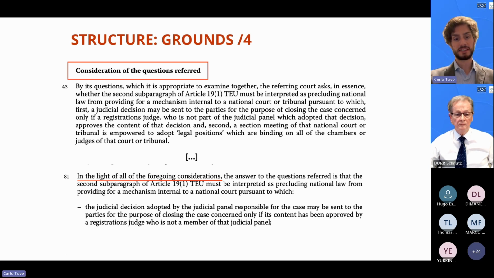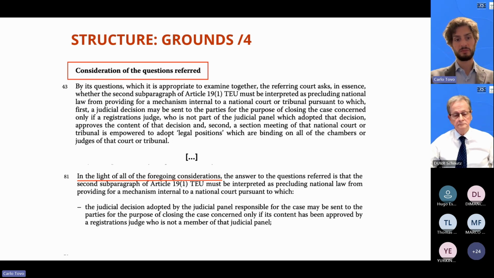The question is presented by the court, then there is a statement of the reasons justifying a certain answer to the question, and then there is the answer in itself, which is formulated always in the same manner, as you can read here. In the light of all the foregoing considerations, the answer to the question, to the first, to the second, to a number of questions, is that provision X must be interpreted as. There is one subsection for each question or group of questions.